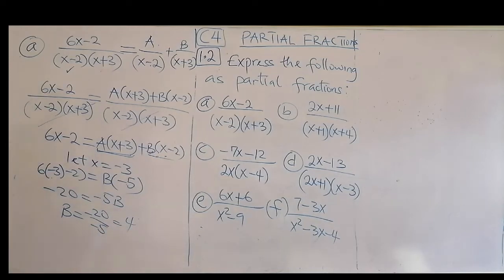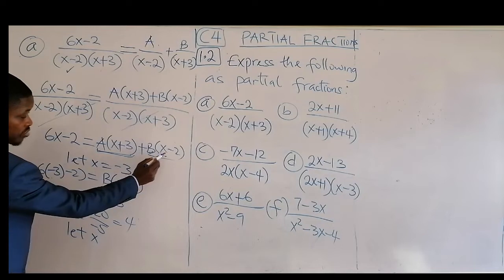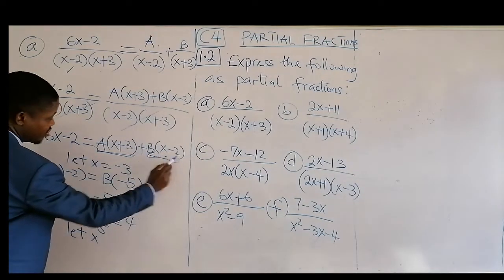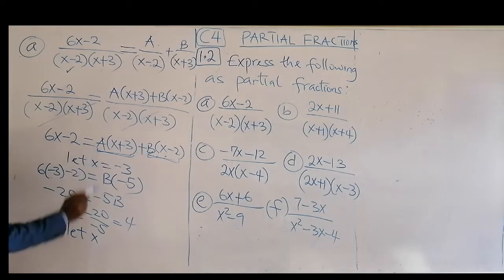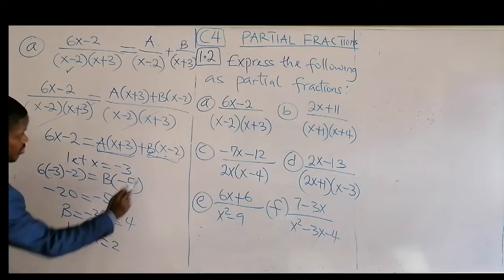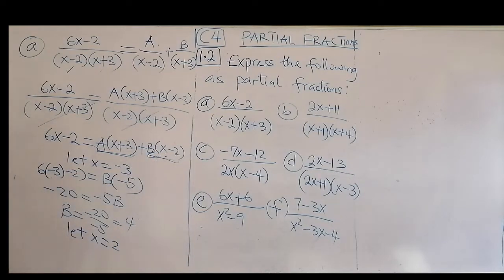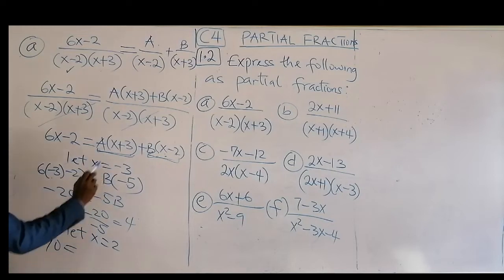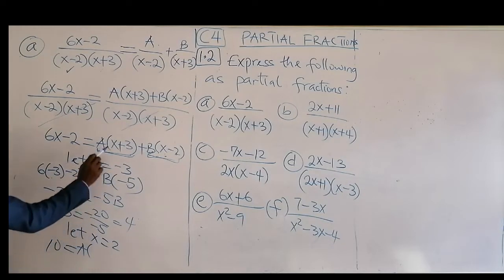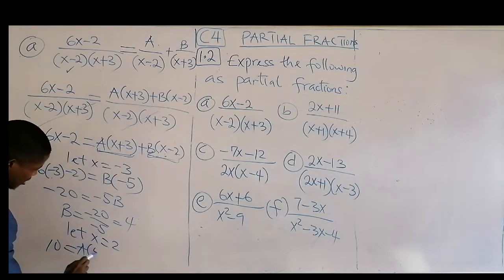Then the next thing to do, let x also be 2, so that this expression will cancel, and I can get my A. So let x be equal to 2, 2 minus 2, that's 0. So I will now have 6 times 2, that's 12, minus 2, that's 10, equal to A into bracket 2 plus 3, that's 5.